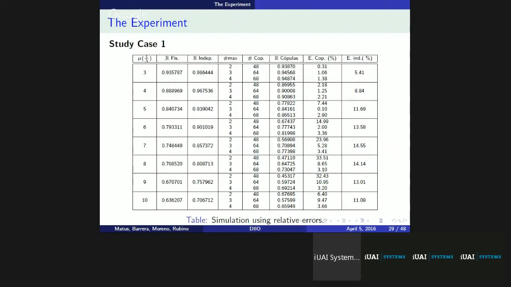For example, I take an earthquake with magnitude 5, not Richter, but the magnitude is equivalent. The physical model gives us a reliability of 0.84, for example. If we use the classical independent model, we obtain a reliability of 0.93. And we can use the Marshall-Olkin model, for example, with a maximum component set of 2.